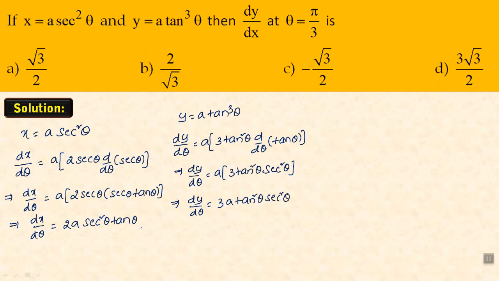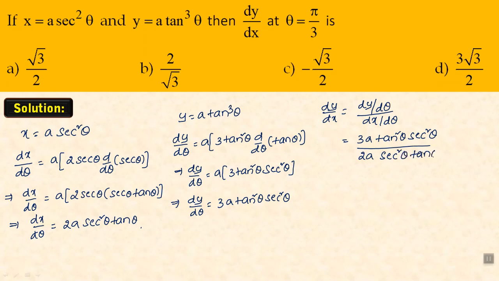Now dy by dx is equals to, here dividing with d theta in numerator and denominator, we get dy by d theta divided by dx by d theta is equals to, dy by d theta is 3a into tan square theta into secant square theta divided by dx by d theta is 2a into secant square theta into tan theta.